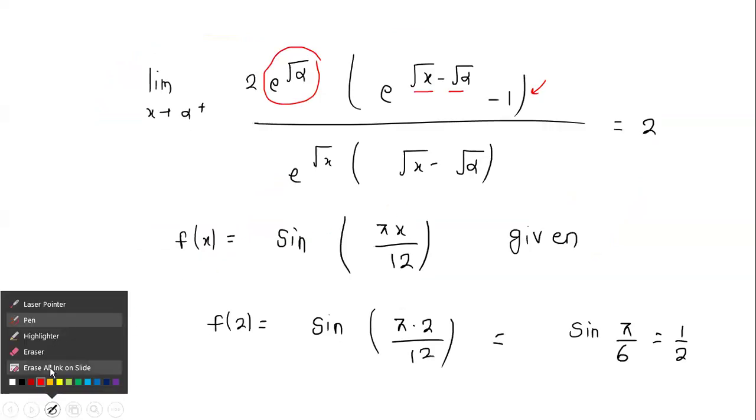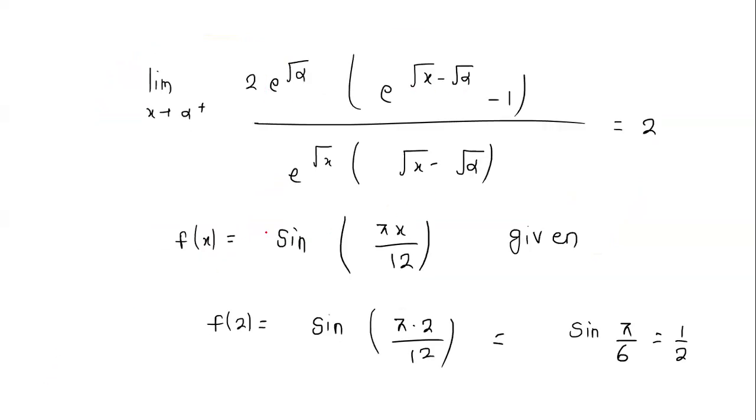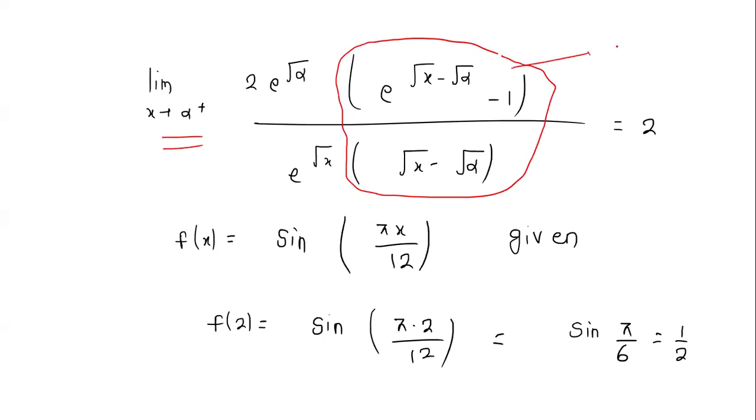Now you see the form of this. This is the familiar limit. If you put x tending to alpha plus, this limit value is 1. This is the standard limit you read in the chapter of limits. So this is 1, and e to the power root alpha and e to the power root x cancel as x tends to alpha plus, and the remaining thing is only this 2.